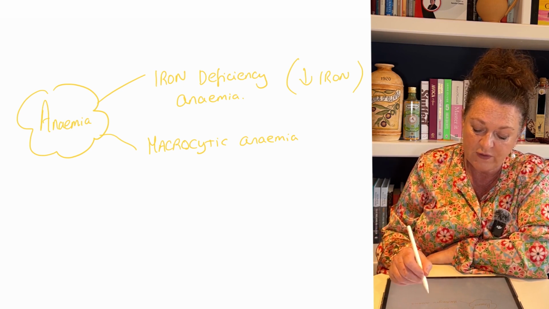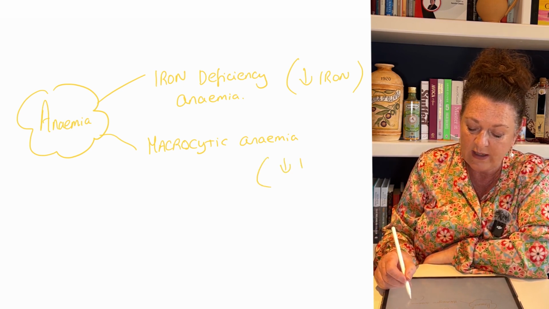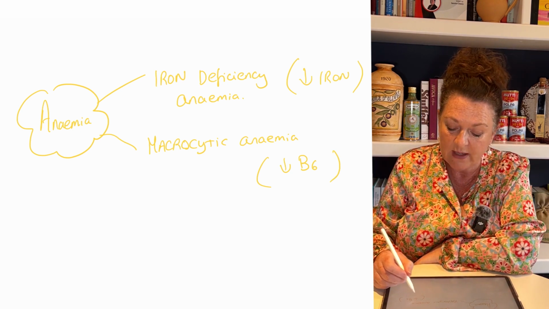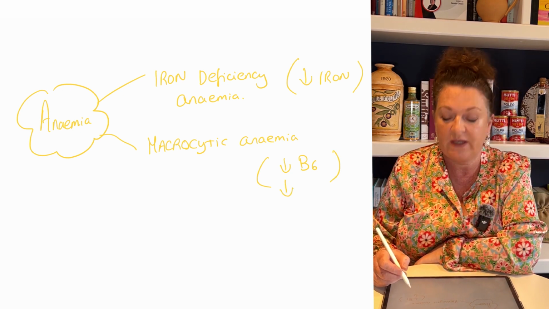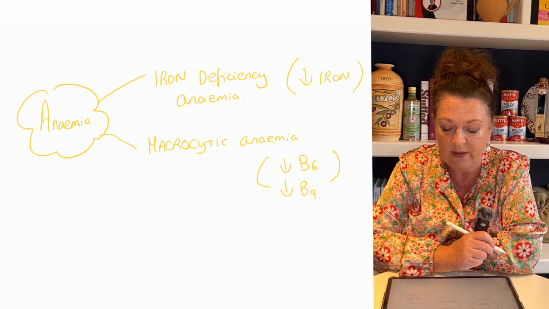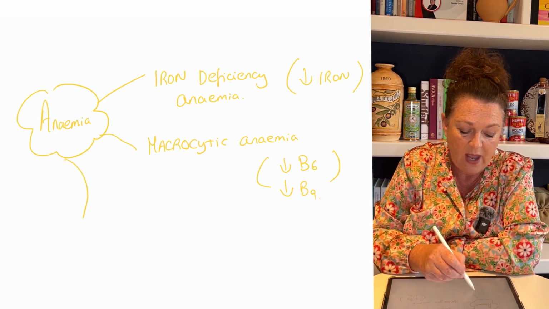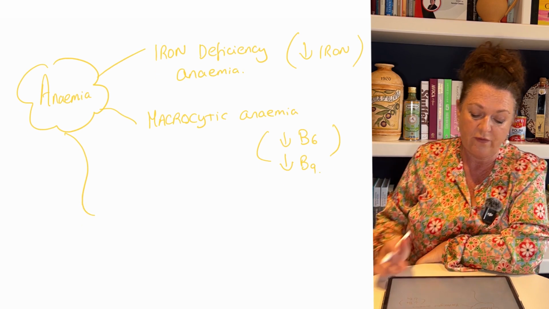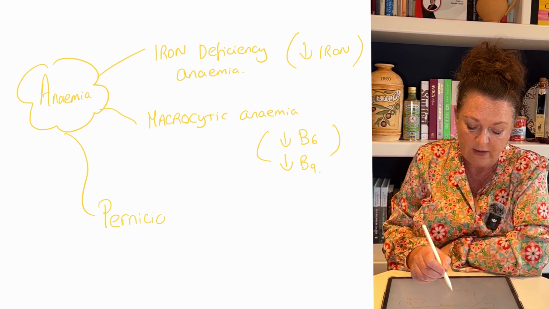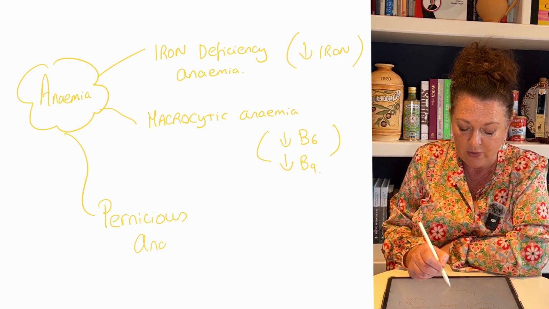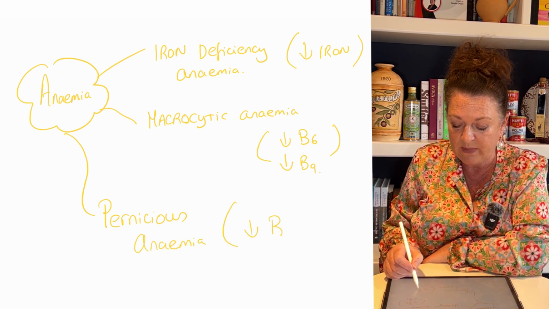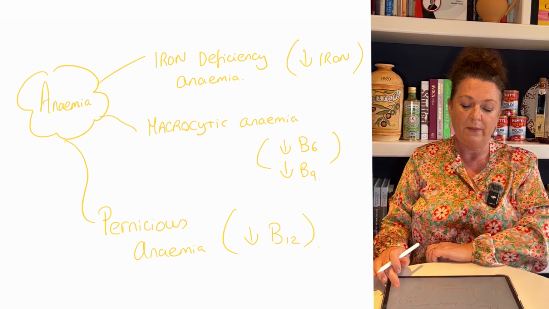So we can get macrocytic anemia if we are lacking in pyridoxine, which is vitamin B6, and we can also get macrocytic anemia if we're lacking vitamin B9, folate/folic acid. And then our third type of anemia is called pernicious anemia. And pernicious anemia we looked at when we were talking about vitamin B12 cobalamin.